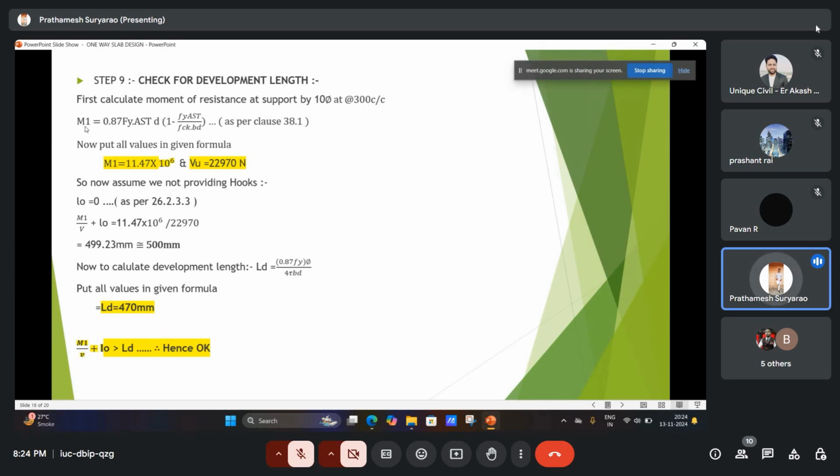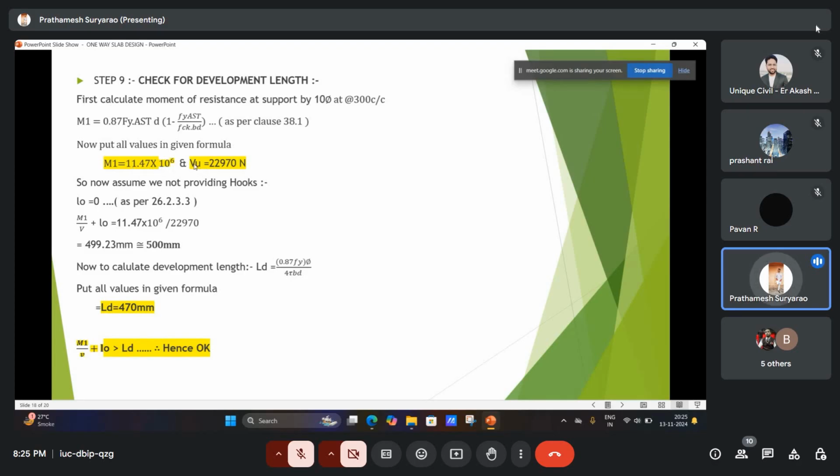So M1 equals, there is a formula for calculating moment of resistance: M1 equals 0.87 Fy Ast d (1 minus Fy Ast upon Fck b d). This formula we get as per clause 38.1 to check the moment of resistance at support. Now put all the values in the given formula. We will get M1 as 11.47 into 10 raised to 6.